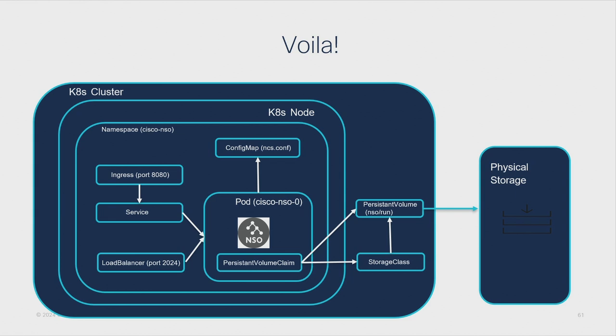So I think this is a nice example of how you can use NSO and very quickly get to a replicable and workable setup for NSO, something you can play around with if you haven't used Kubernetes. Just keep in mind, this is not production ready the way it is. So if you want to use this in production, there's a couple of things you should want to tweak.